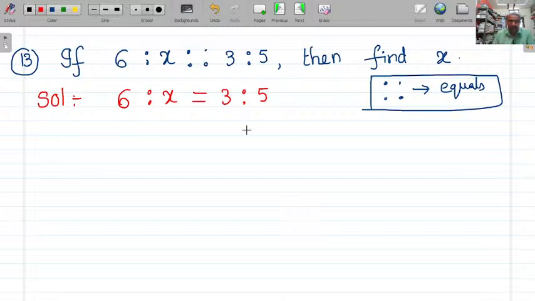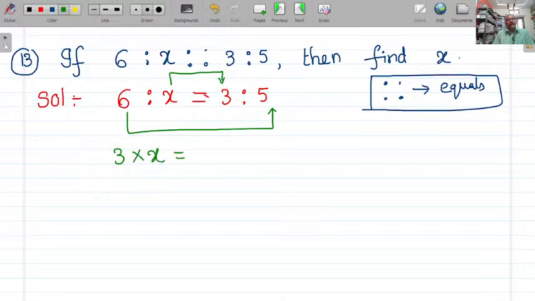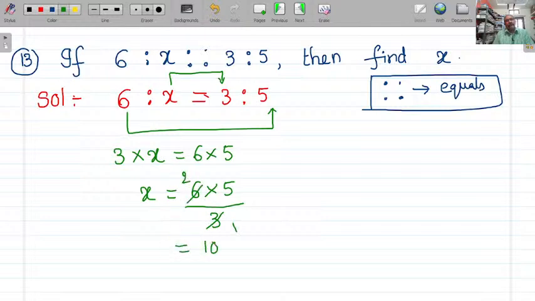What is the concept? Product of the extremes is equal to product of the means. That means we can write 3 into x equals 6 into 5. We need x, so x equals 6 into 5 upon 3. So what do you get now? 3 ones are 3, 3 twos are 6. So our answer is 10. I hope it's very clear to you.